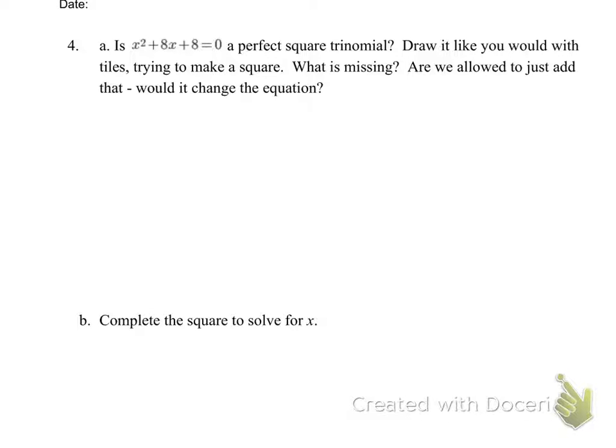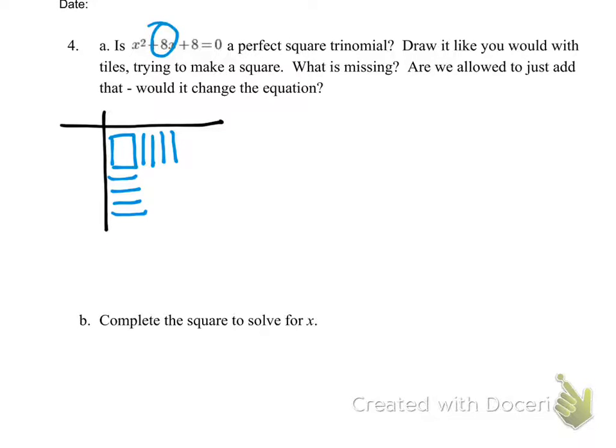So let's try doing it with the tiles to see if we can do that. I start doing my tiles, and there's my x squared, and if it's a perfect square, I've got to have 4. Got to split the 8x, so I have 4 on each side, and now I'm going to fill in my little ones.